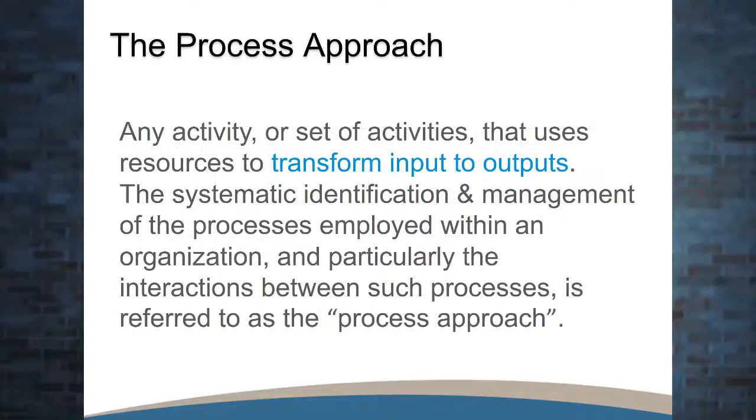The process approach is any activity or set of activities that uses resources to transform inputs to outputs. The systematic identification and management of the processes employed within an organization, and particularly the interaction between such processes, is referred to as the process approach.